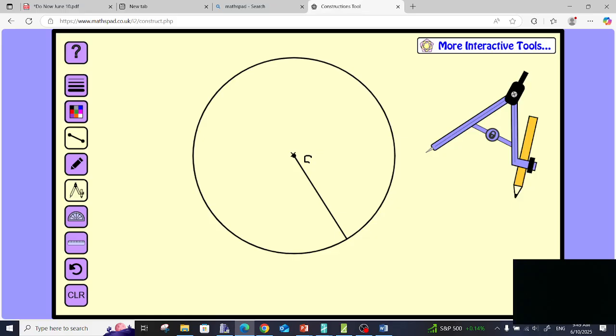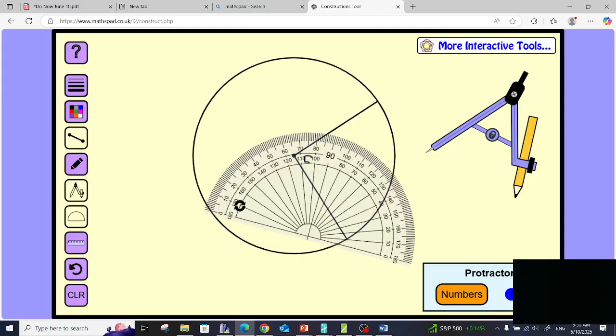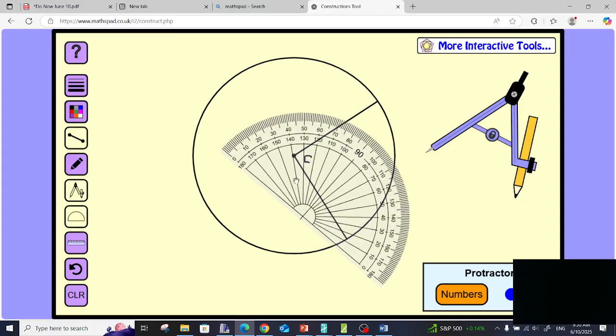And then I want you to draw another radius. I want you to make an angle. Doesn't have to look like mine, but I just want a nice angle. Now, I want you to use your protractor and measure that angle.